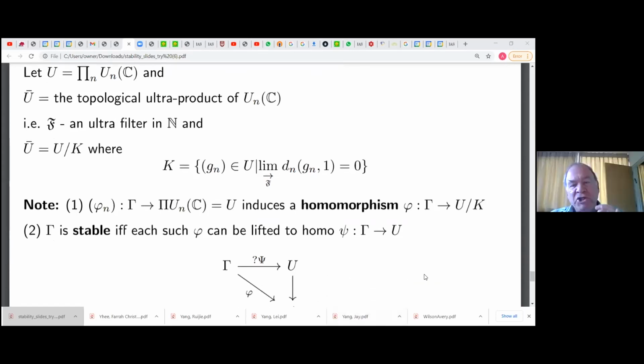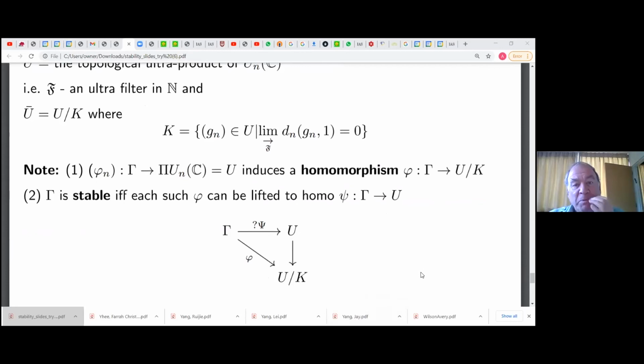Moreover, let me show you in the language of groups and homomorphisms what it means to be stable.